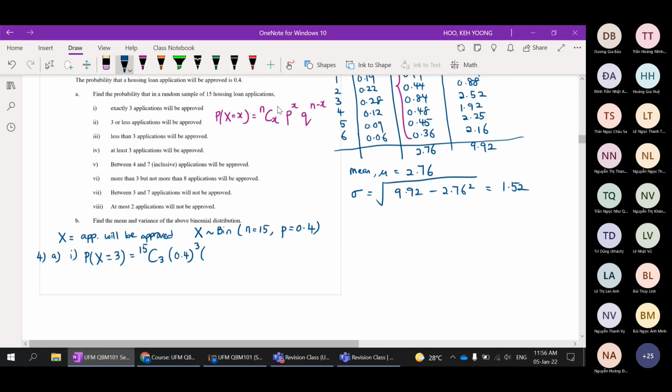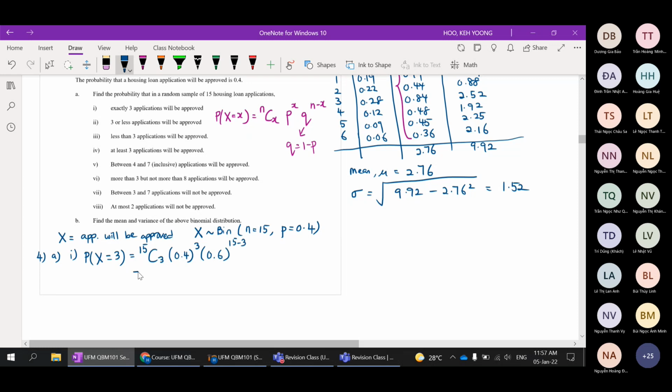How to calculate q? q is equal to 1 minus p. q is the probability of failure, p is for success. So failure here is 0.6, power what? n minus x. So 15 minus 3, you got 12.